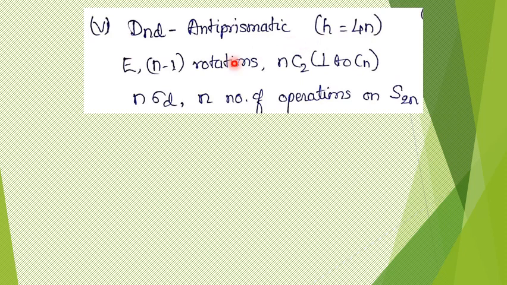And now operations possible: again identity and n-1 rotations on the proper axis, the principal axis, and perpendicular C2s are required to take the molecule to the D category. Then along with that, if we do not have sigma h, but some other planes do exist, keep listening to my words properly.